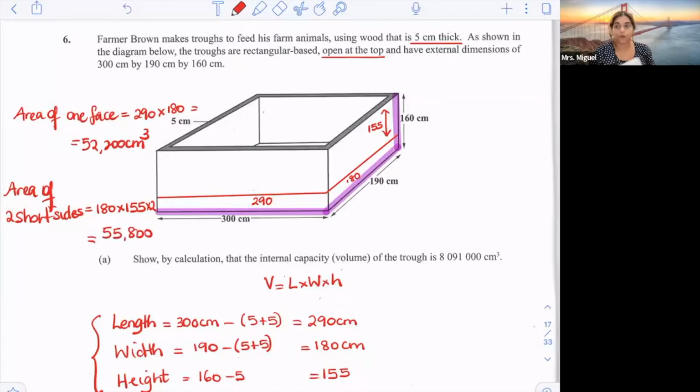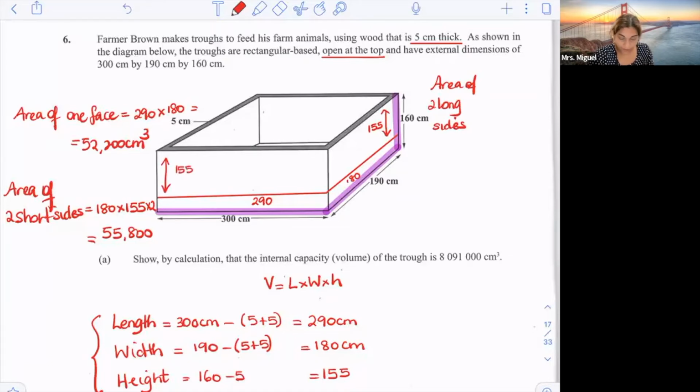55,800. So we have this area, we multiply by 2. We have the area in the back, right? So we can work out the area of the 2 long sides now. So it's 290 by 155.